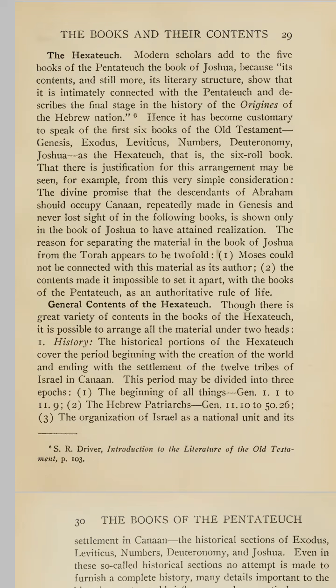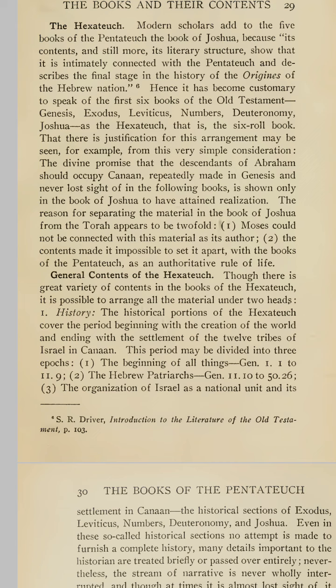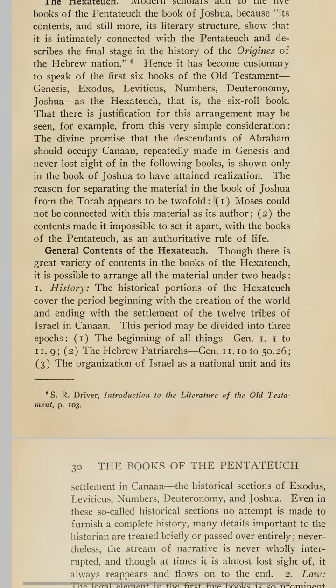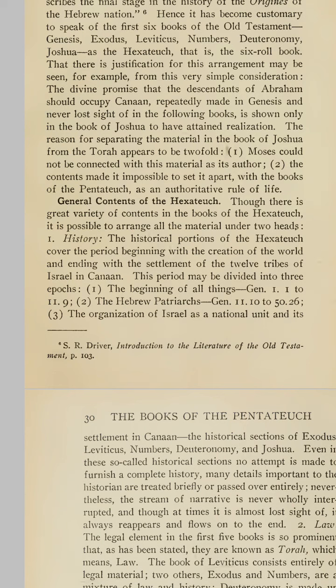The Hexateuch. Modern scholars add to the 5 books of the Pentateuch the book of Joshua, because its contents and still more its literary structure show that it is intimately connected with the Pentateuch and describes the final stage in the history of the origins of the Hebrew nation. Hence, it has become customary to speak of the first 6 books of the Old Testament, Genesis, Exodus, Leviticus, Numbers, Deuteronomy, and Joshua, as the Hexateuch, that is the six-roll book.